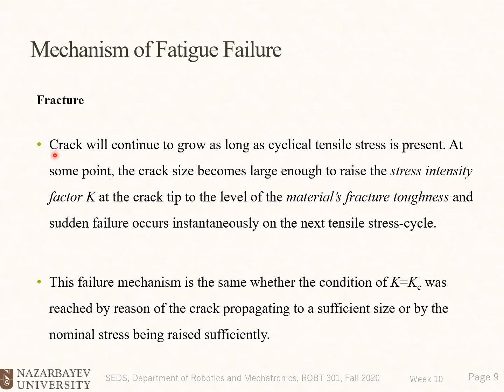Crack will continue to grow as long as cyclical tensile stress is present. At some point, the crack size becomes large enough to raise the stress intensity factor K at the crack tip to the level of the material's fracture toughness, and sudden failure occurs instantaneously on the next tensile stress cycle.